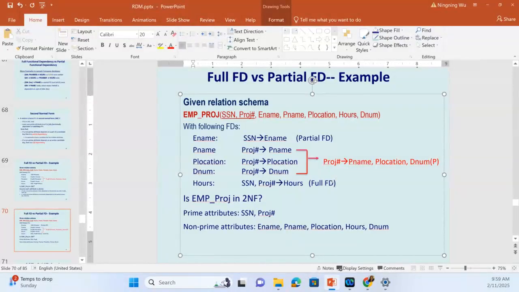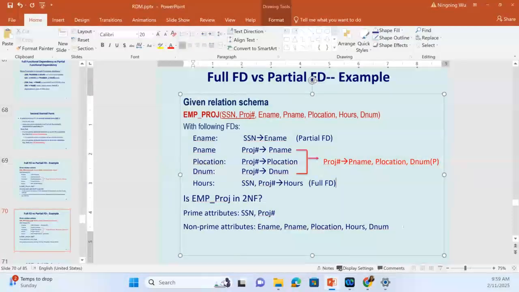So here, both partial and full, the discussion of those functional dependencies actually uses the primary key. So in terms of the primary key, whether a non-prime attribute is dependent on the whole key or a partial key, okay?